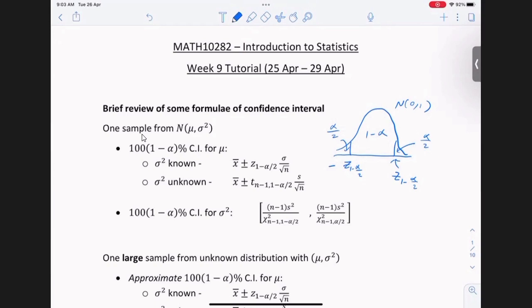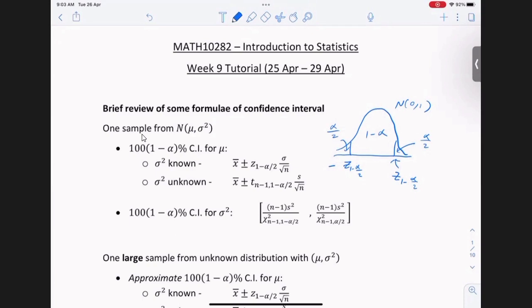Now, if the variance is unknown, we replace the population standard deviation by the sample standard deviation. The quantile we use will not be from the normal distribution anymore. Instead, we need to find it from the student T distribution.